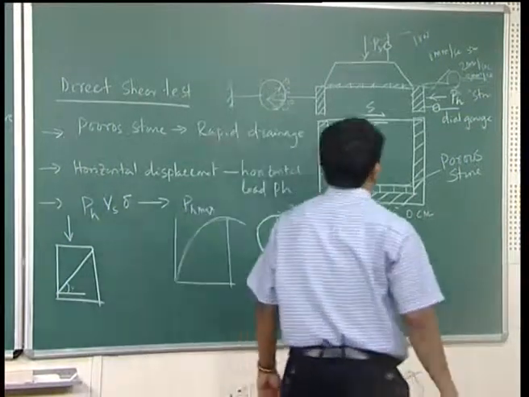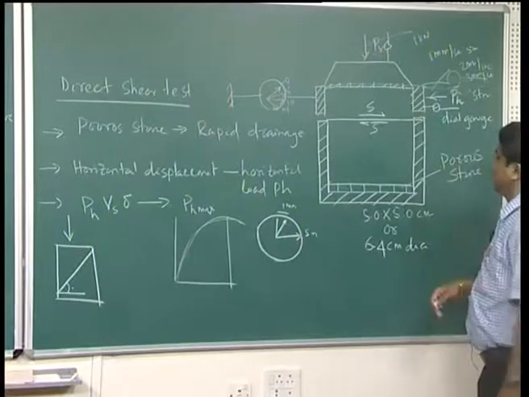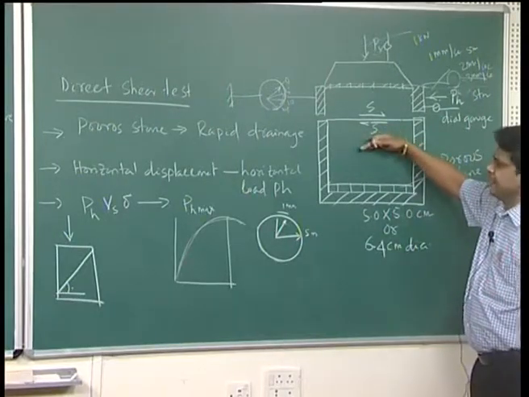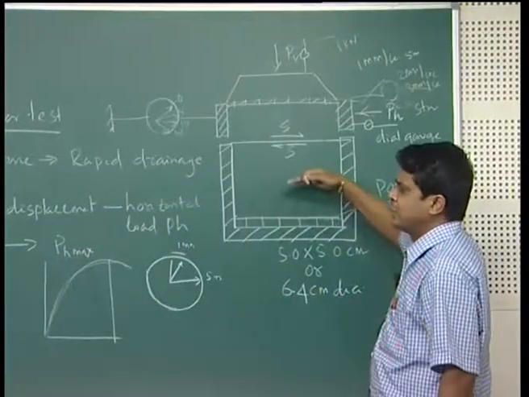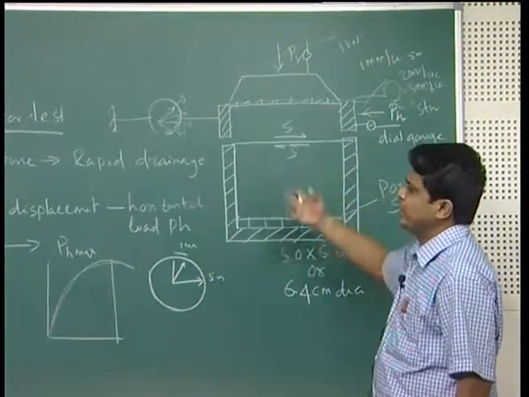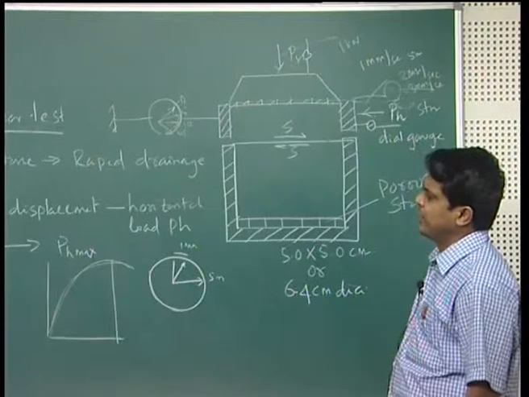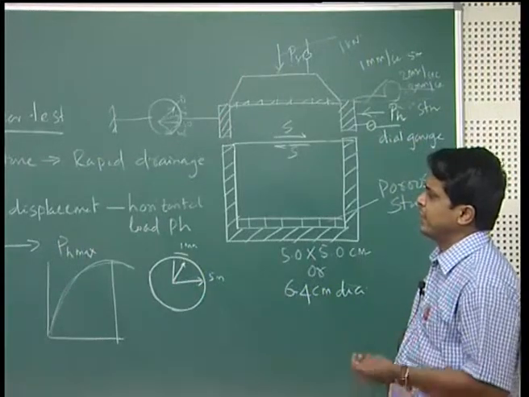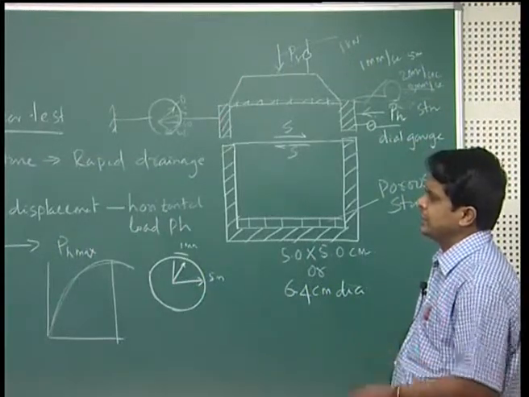With this high rate of displacement, all of a sudden the sample will not get drained after the consolidation is over, and the pore water pressure will develop. So, you can simulate the unconsolidated undrained test, the consolidated undrained test and the consolidated drained test by means of the direct shear test.